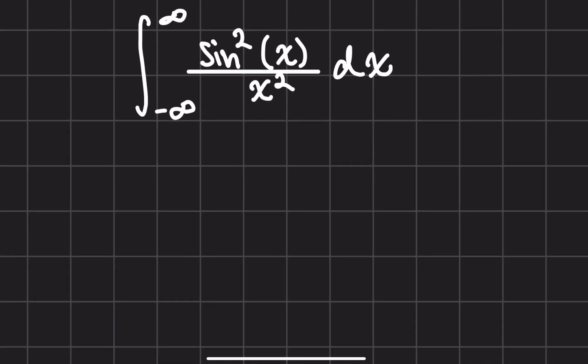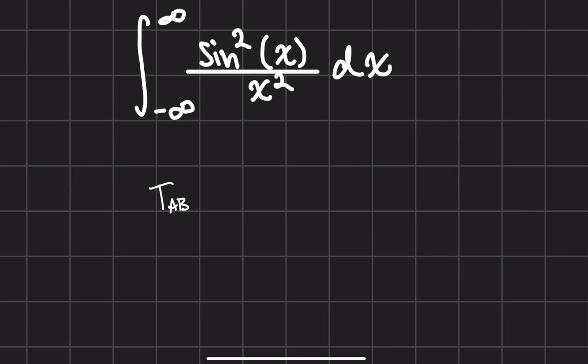Now, what I will do is off the jump, I'm going to do integration by parts. So let me say tabular integration. All right, now I need something to differentiate and something to integrate.